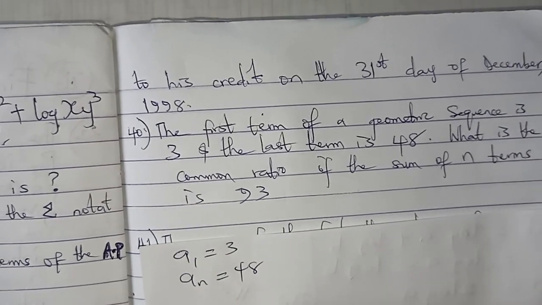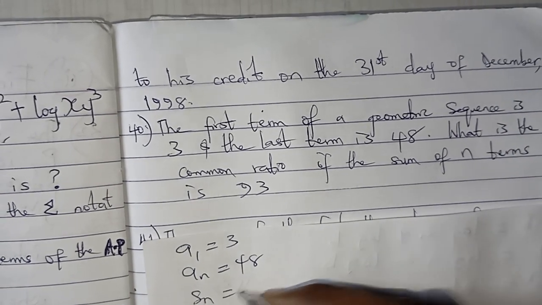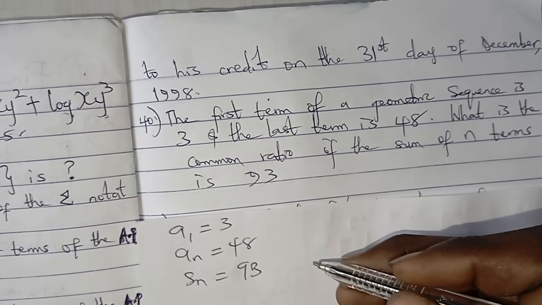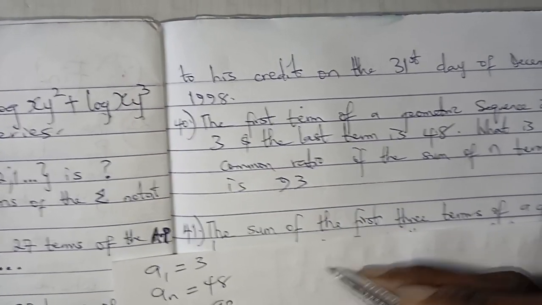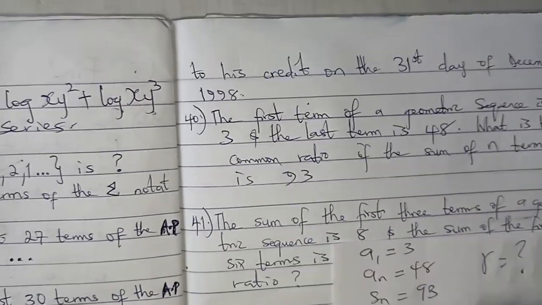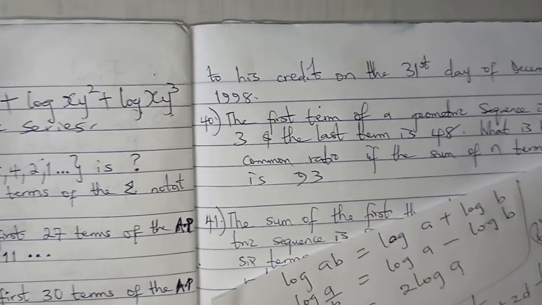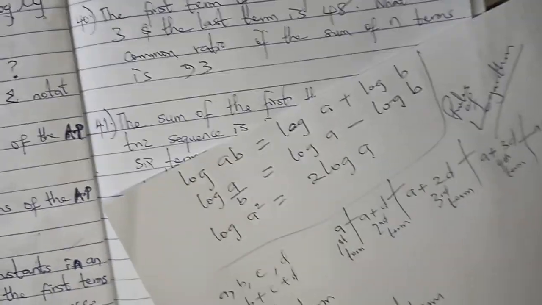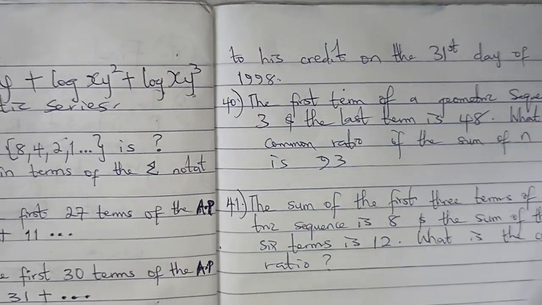What is the common ratio if the sum of the n terms, Sn, is 93? So we are looking for r.